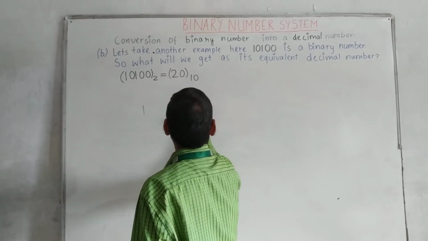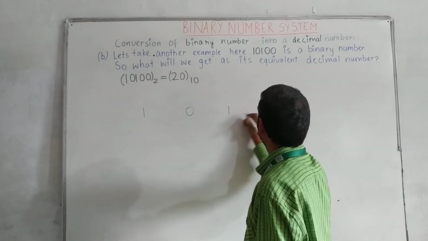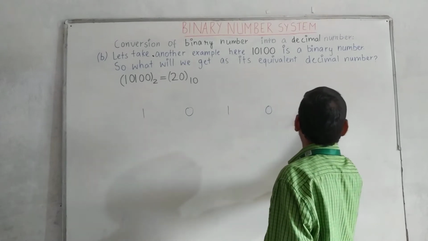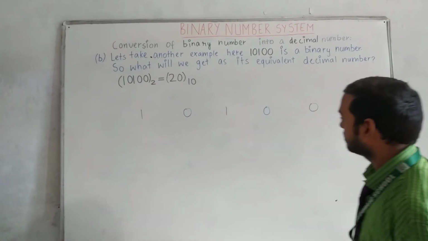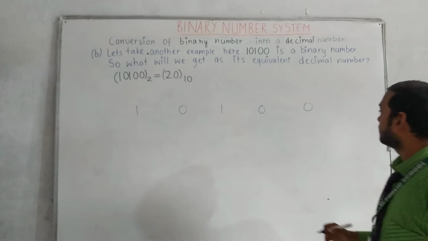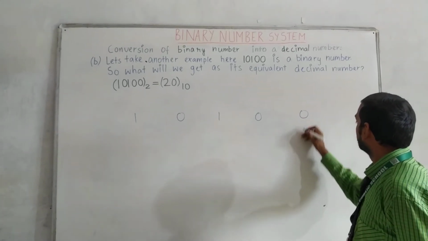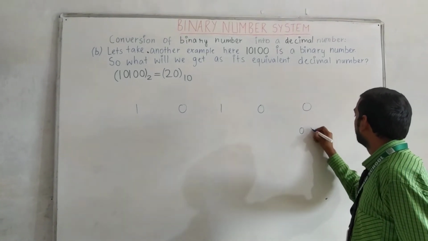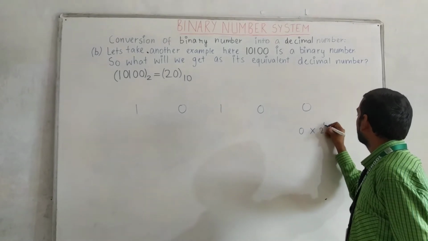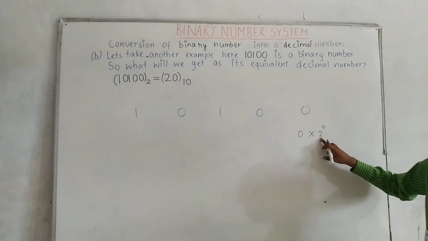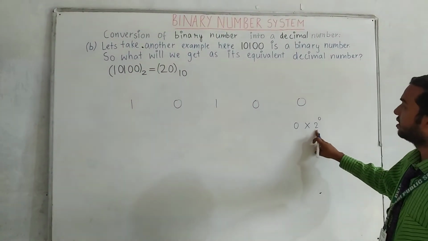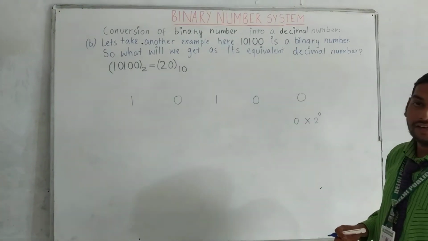First, let me write the number. Here we multiply the first digit with 2 to the power 0. We are using 2 because the base of the binary number is 2.